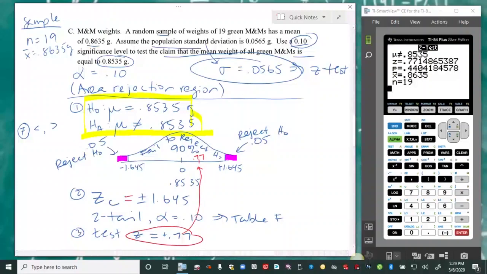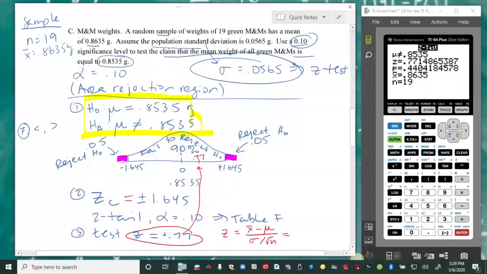I want to also do this by hand. So if I were to do this by hand, it'd be the same formula. X bar minus my mean, standard deviation happens to be a sigma this time, over the square root of n.